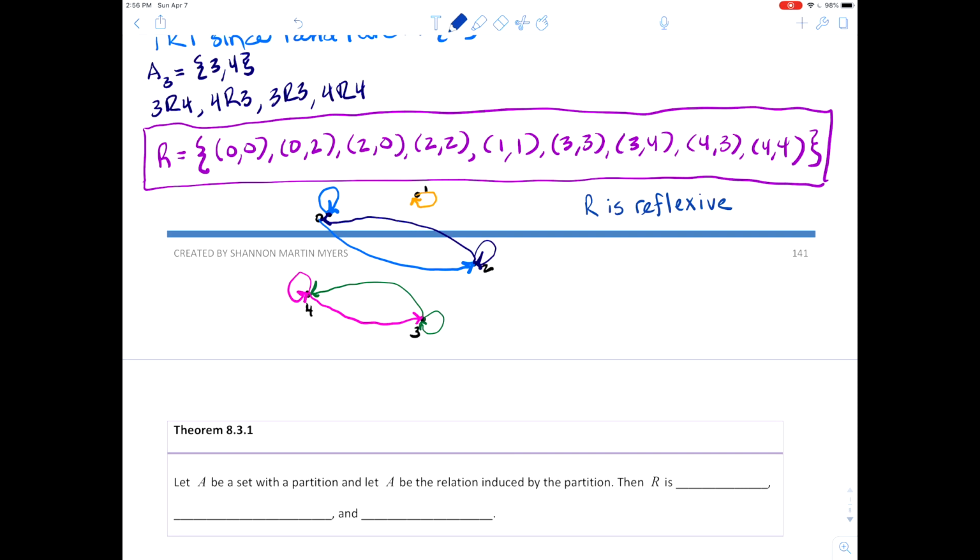R is symmetric, right? Because if one element maps to another, the reverse is true. The real simple way to think of it is if there's an arrow going from one number to another on the directed graph, then there's also an arrow coming back the other way. These happen to be just numbers, just integers, right?